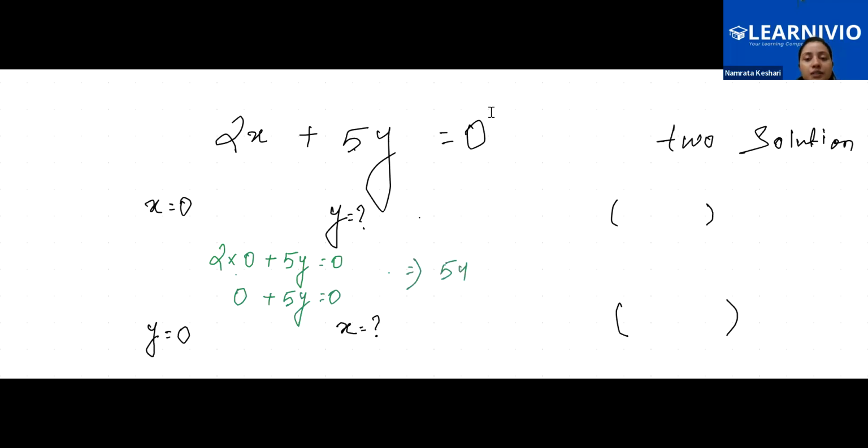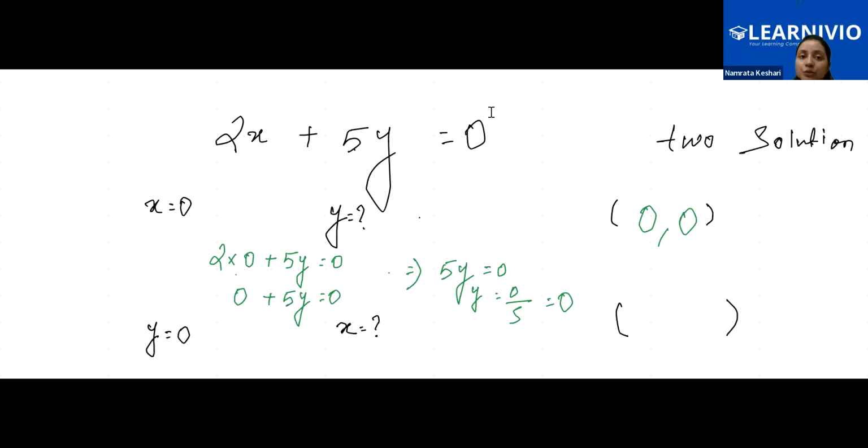That means 0. So when we took x as 0, automatically y came out as 0 when we solved the equation. So is it one of the solutions? Yes, it is one of the solutions.